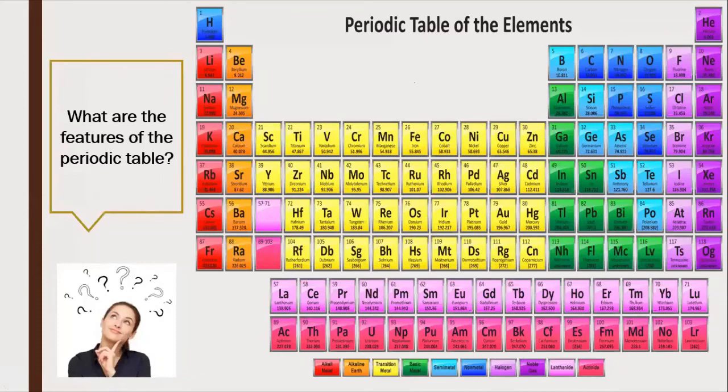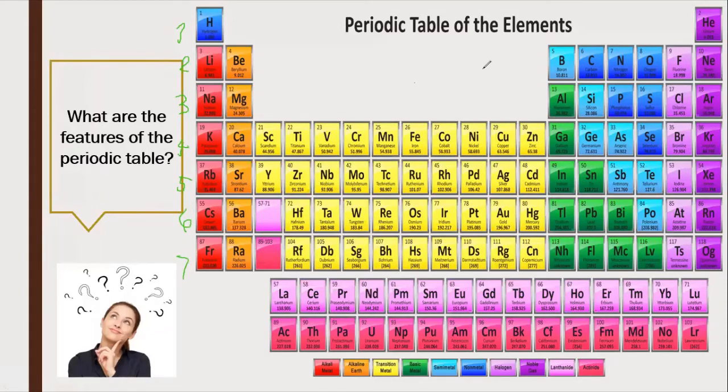So as I've said kanina, we have seven actually, so we have seven rows, horizontal rows. So dito tayo magsa-start. So we have 1, 2, 3, 4, 5, 6, 7.